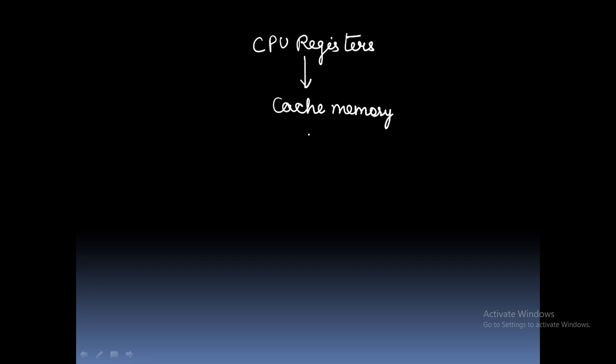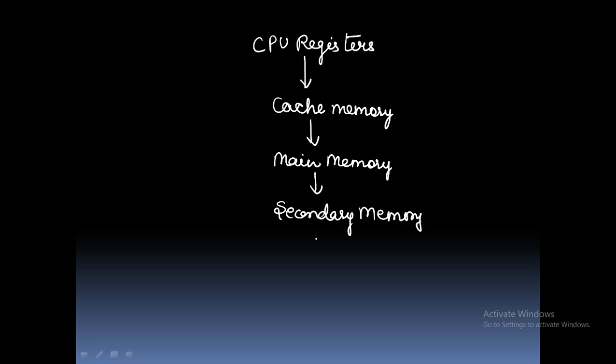First of all, CPU registers, then cache memory, then main memory, then secondary memory, and then tertiary memory.